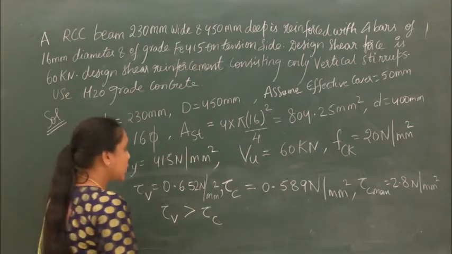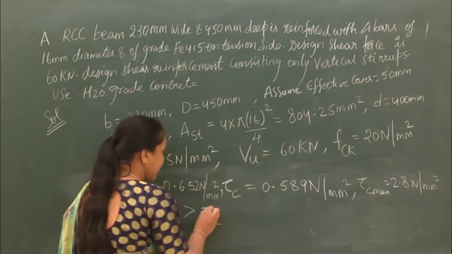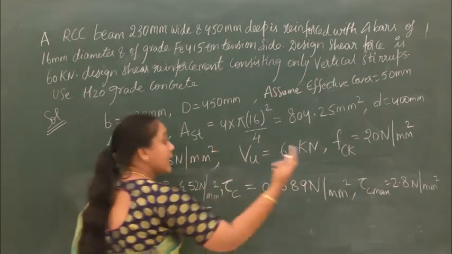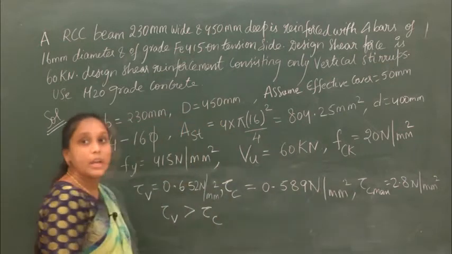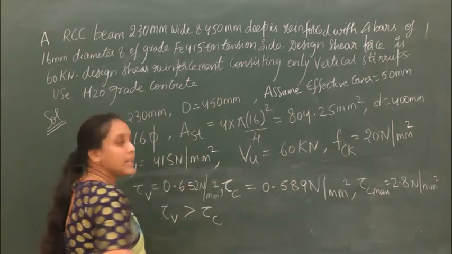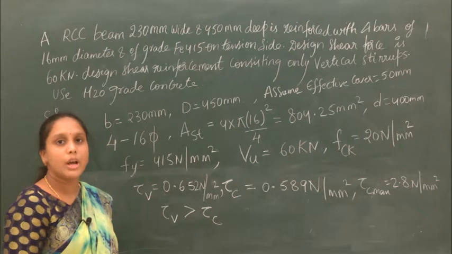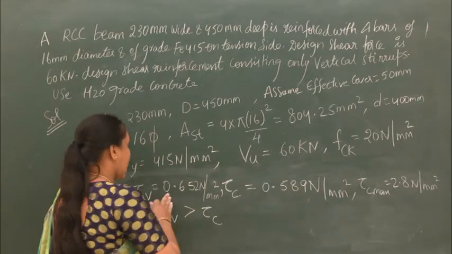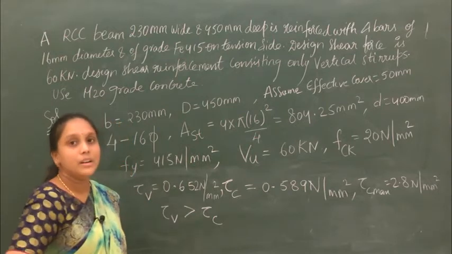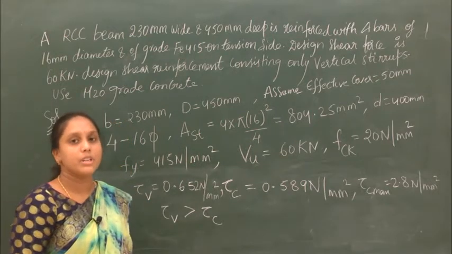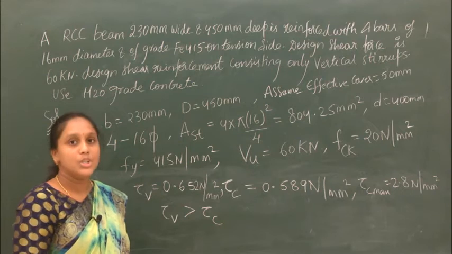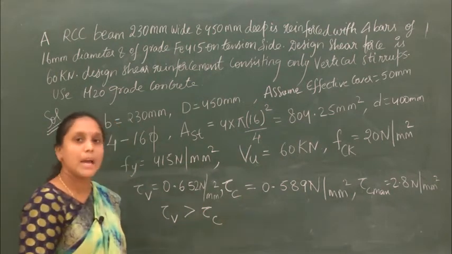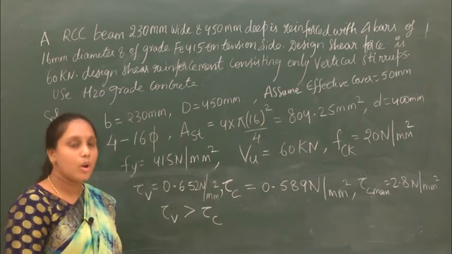You have to check whether tau v is greater than tau c max or not. If tau v is greater than tau c max, then you have to redesign the section. So tau v should be less than tau c max, and only then can you go for the design of the shear reinforcement.